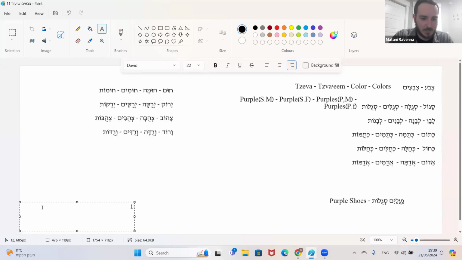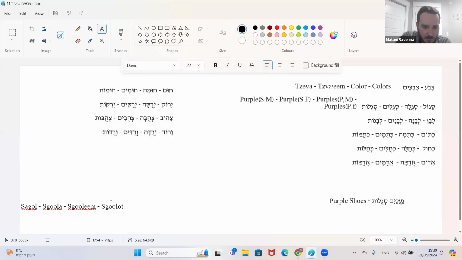Okay, so that first example is Sagol, Sgula, Sgulim, and then Sgulot. Let's see, maybe I do that place next to it. So it's here, okay?